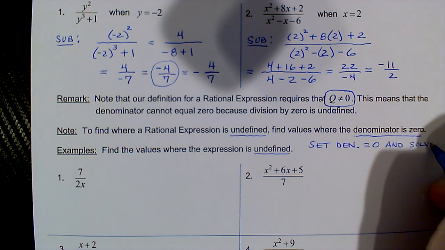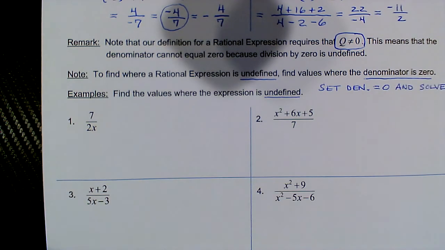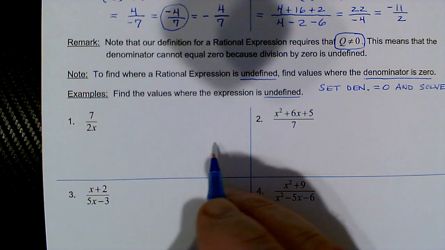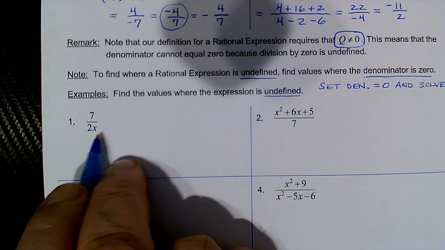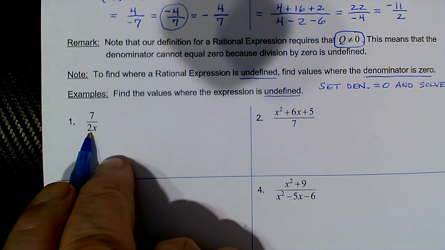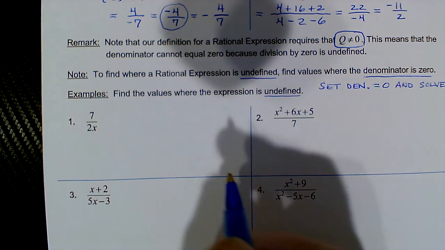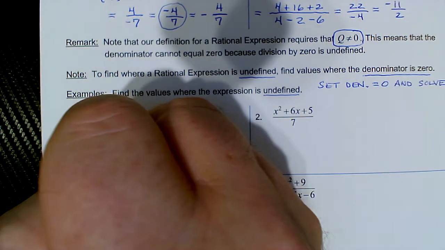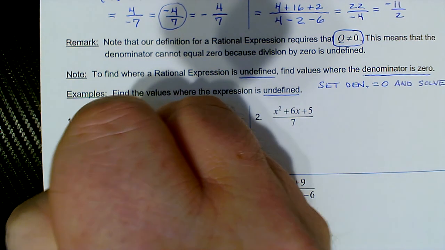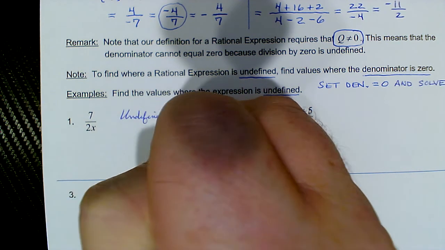Now some of these you could tell by inspection. For example, here we have 2x, so the only way this denominator can be 0 is if x is 0. But if we want to show it explicitly, we can state that this is undefined when the denominator 2x equals 0.